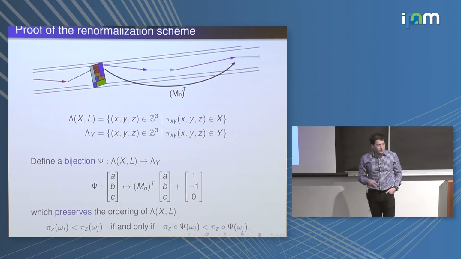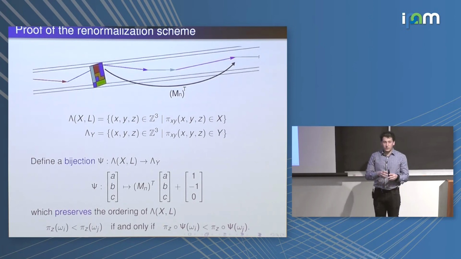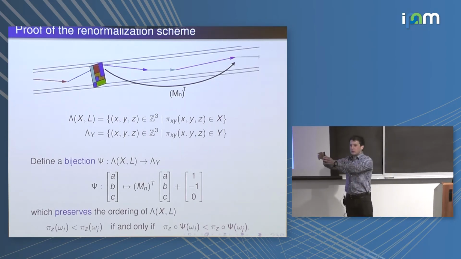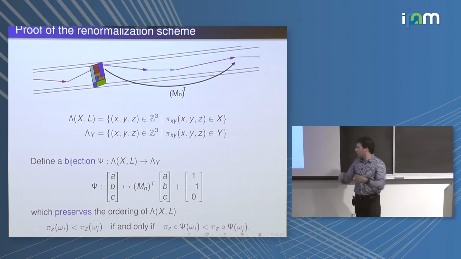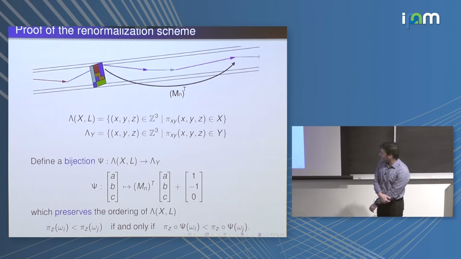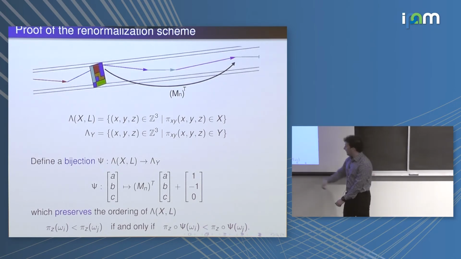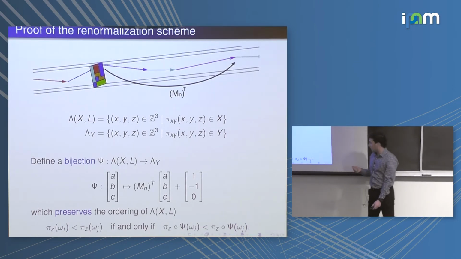And what this map does is it sends all of the lattice points that you can see through this big window into the lattice points that you can see through the smaller window. And this preserves the ordering of the lattice points in lambda of x.